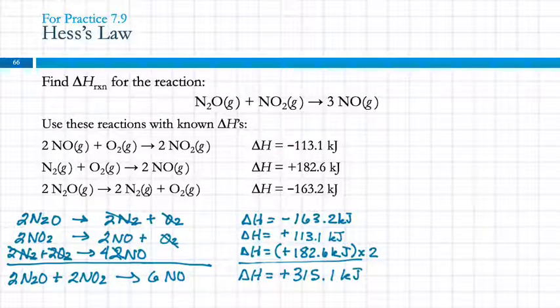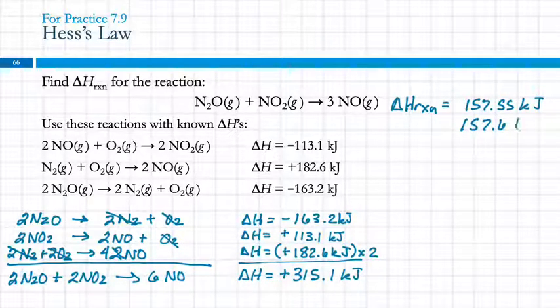So I take that 315, I divide by 2, 157.55. So delta H reaction equals 157.55 kilojoules. With sig figs, we'd call that 157.6 kilojoules. Any questions?